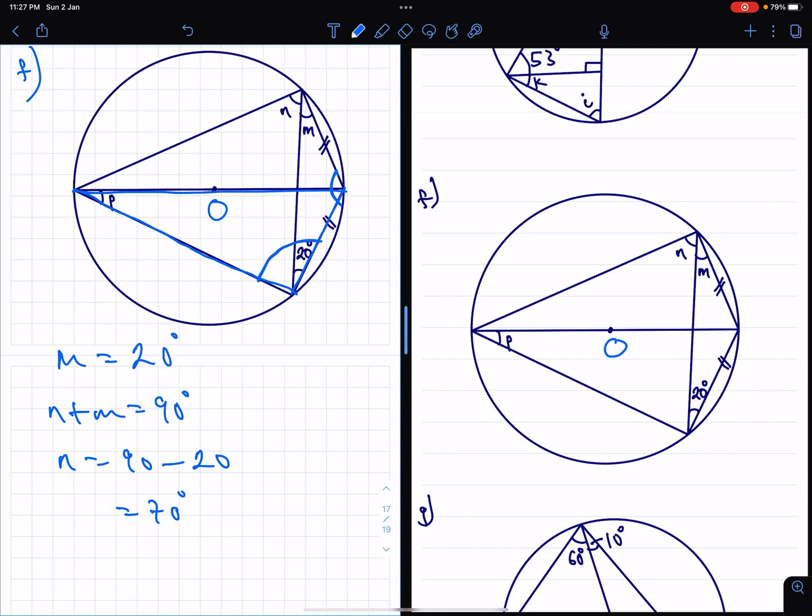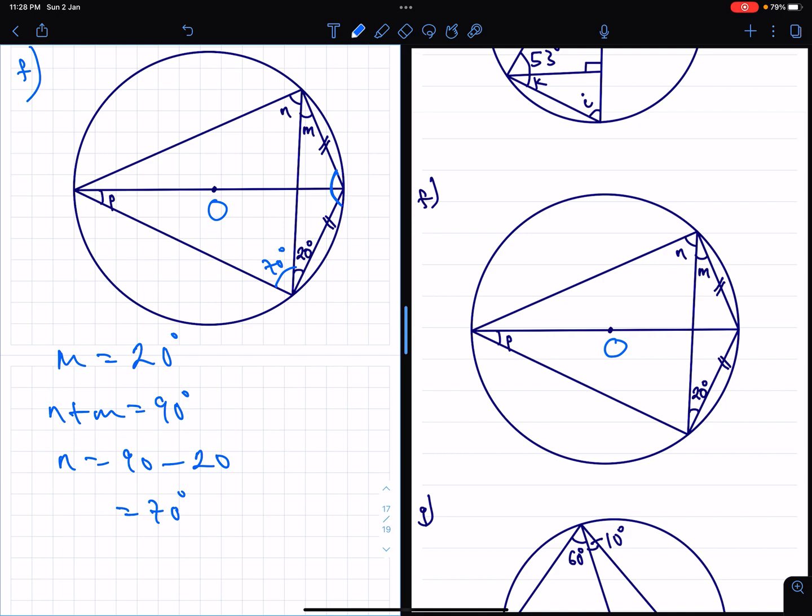So the angle contained by the two lengths, this one and this one, is going to be 90 degrees. So that means the whole of it is 90, and that simply means this one will also be 70 degrees.